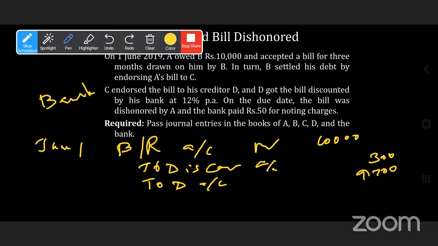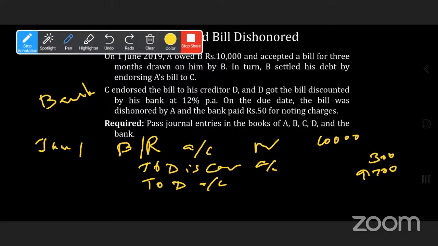Now the narration is: being bill discounted at the rate of 12% per annum for 3 months. Okay.